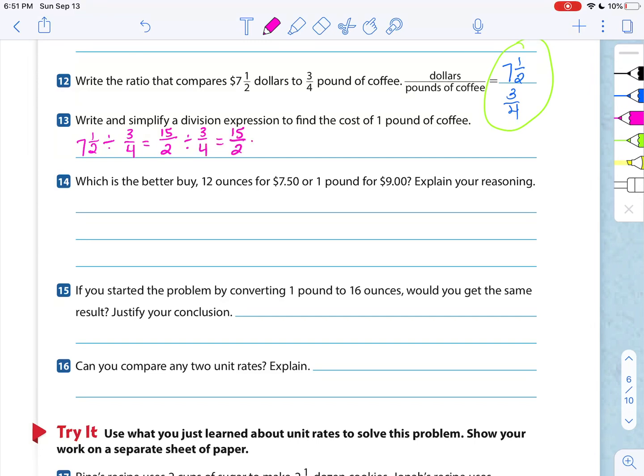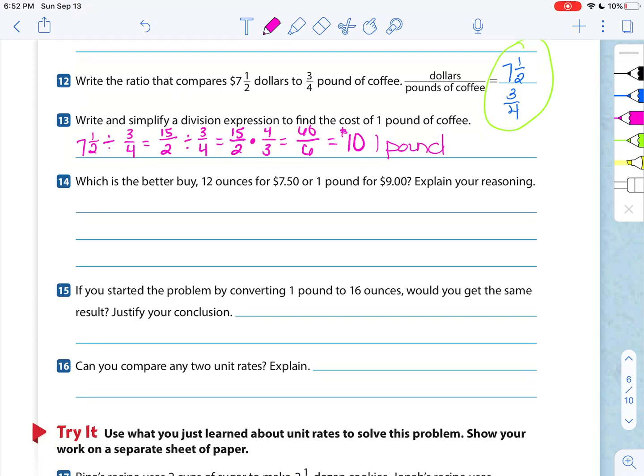We need to keep, change to multiplication, and flip. And we get 15 times 4 is 60. And 2 times 3 is 6. And 60 divided by 6 equals 10. So this tells us it's going to be $10 for 1 pound of coffee.